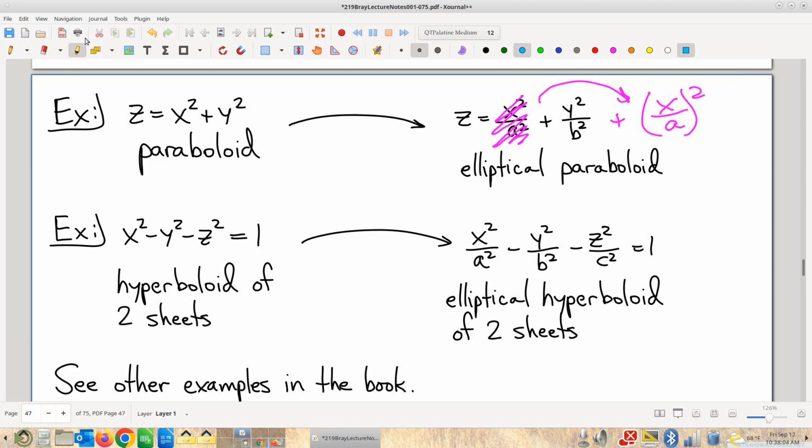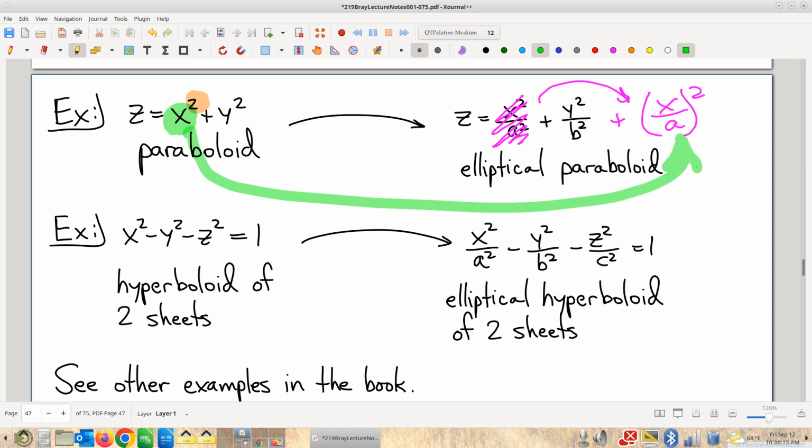And now, perfectly appropriate, x, the thing that is getting squared there, is being replaced by x over a, and you see that whole x over a replacing what had been just x is getting squared. So the stretching factor here is not a squared. The stretching factor here is just a. Real easy to mess that up.